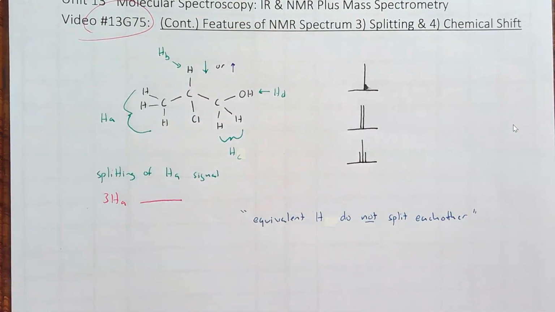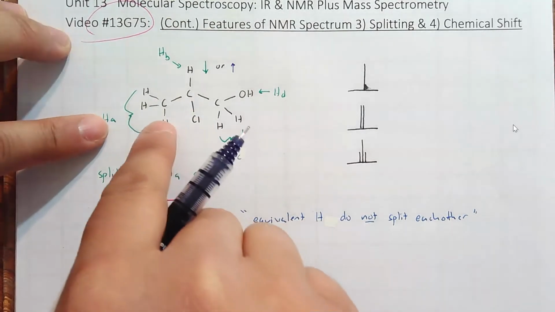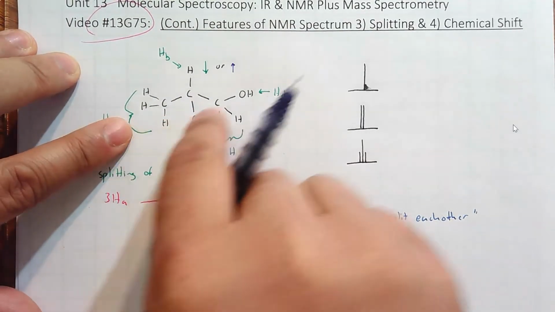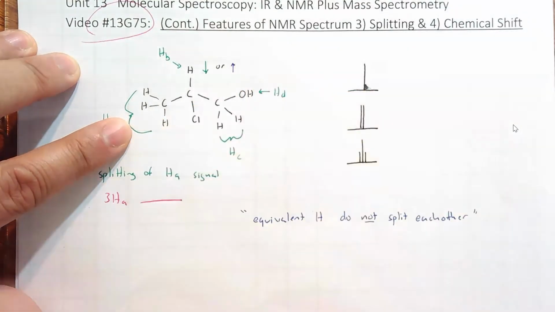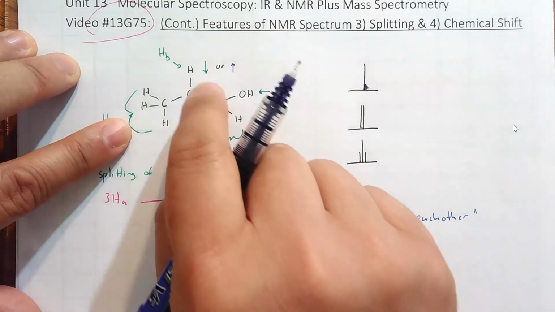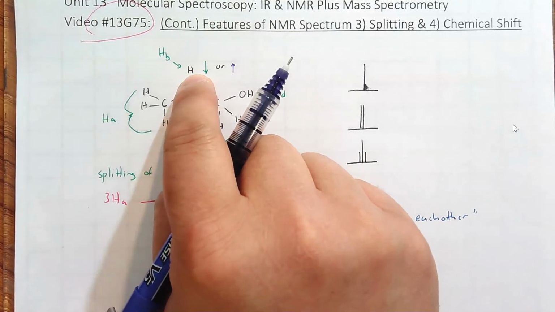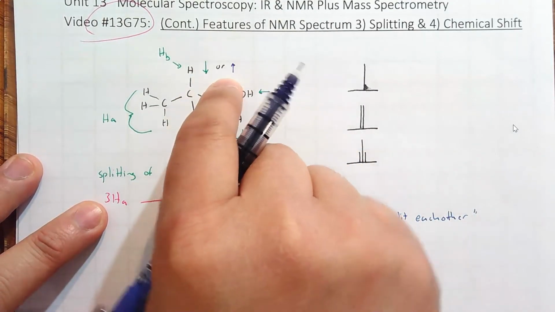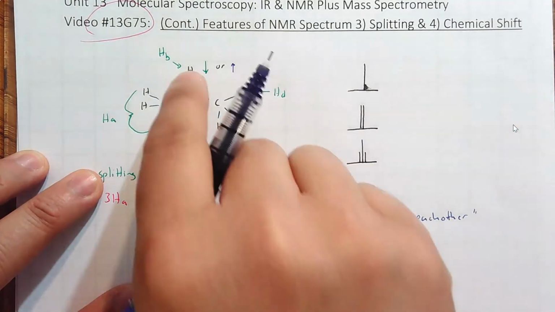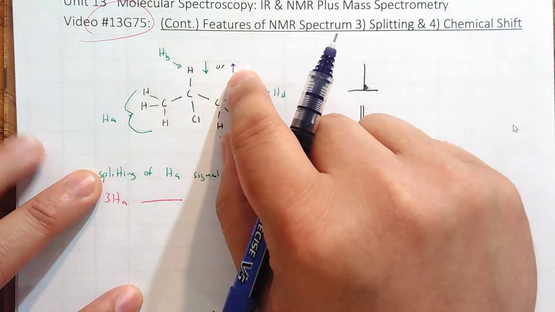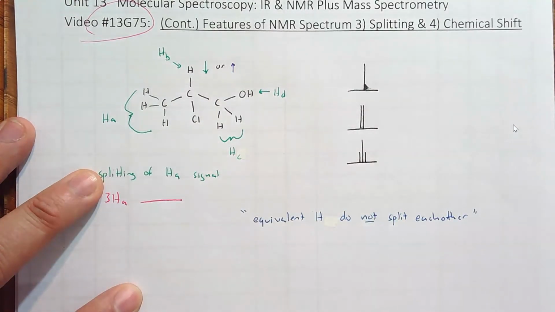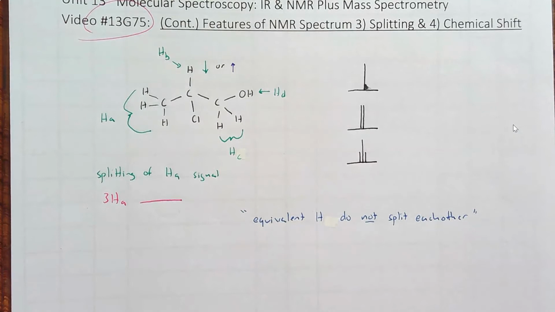So really, if we have 100 of these molecules, these methyl protons are feeling a slightly less magnetic field for half of the time, or half of the molecules, because this is a 50-50 proposition. And for the other half of the molecules, this hydrogen is aligned with the magnetic field, these protons feel a slightly higher magnetic field. So there's a little perturbation.